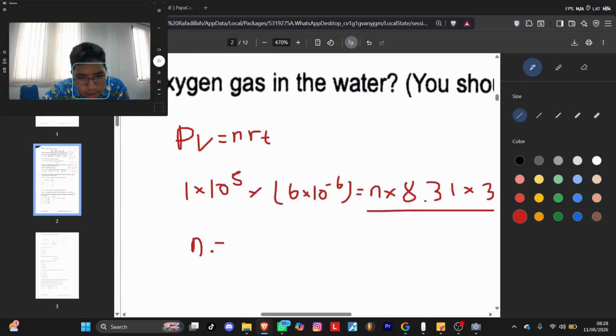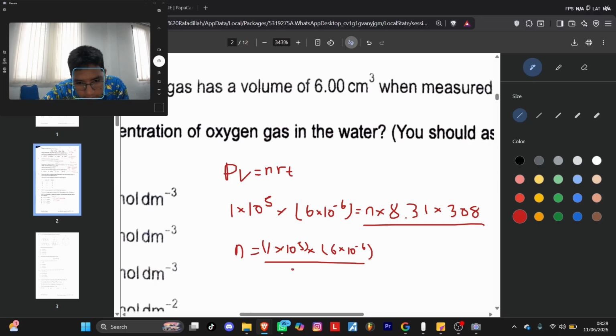So n equals 1 times 10 to the power of 5 times 6 times 10 to the power of minus 6, divided by 8.31 times 308. By using the calculator, we can find the mole.